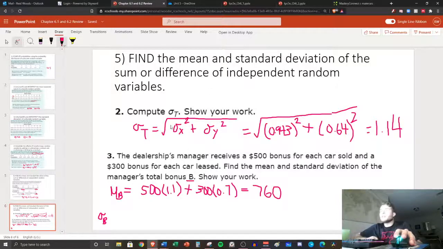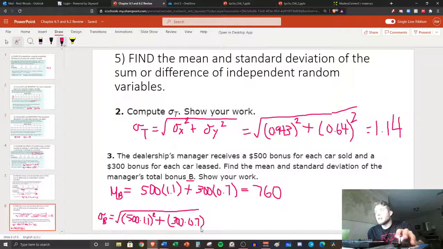What about the standard deviation? Well, we're going to have to do the same thing like we did in part 2, except these values need to be multiplied by 500. So it's not that different than what we did. This one's 500, this one's 300. So I'm going to rewrite this as 500 times 1.1, and we're squaring it, plus 300 times 0.7, and we're squaring that as well.